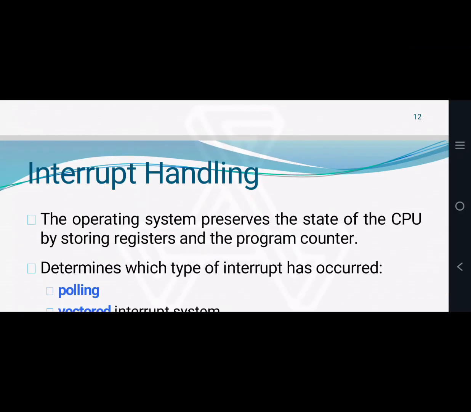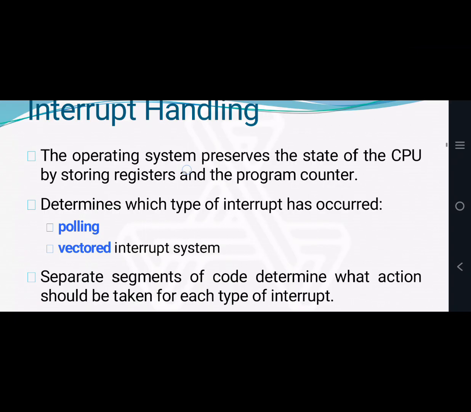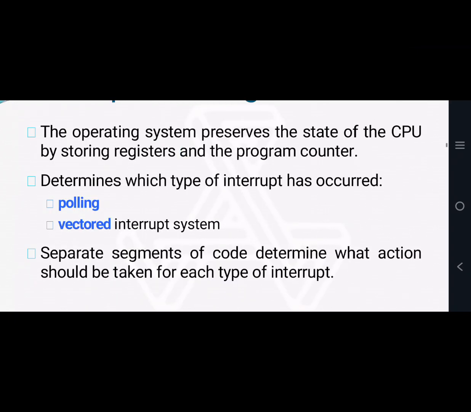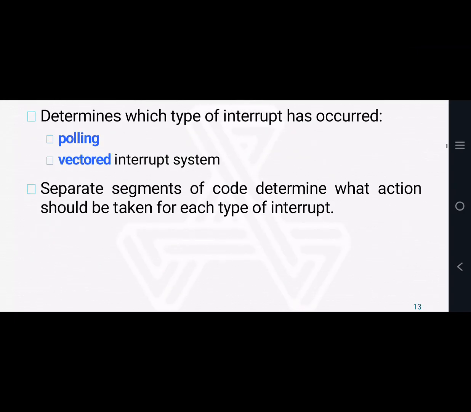Interrupt handling. The operating system preserves the state of the CPU by storing registers and the program counter. It determines which type of interrupt has occurred: polling, vectored interrupt system. Separate segments of code determine what action should be taken for each type of interrupt.